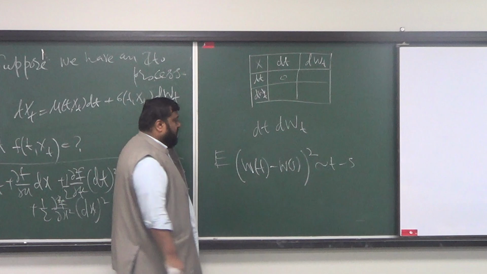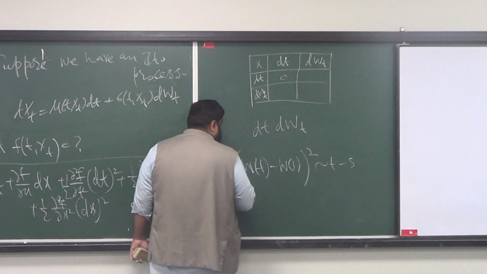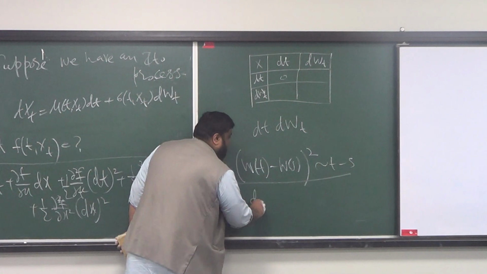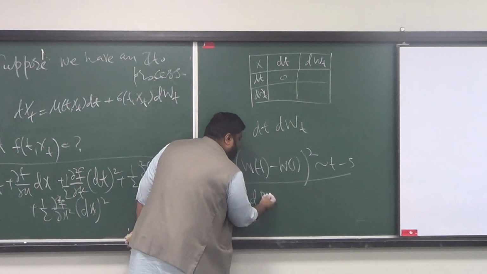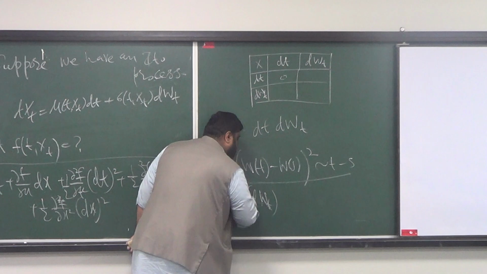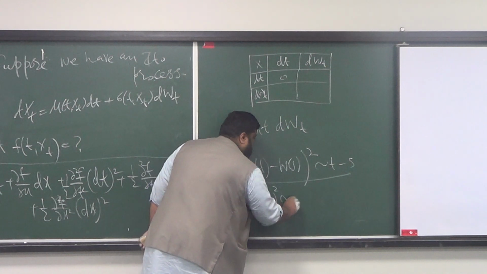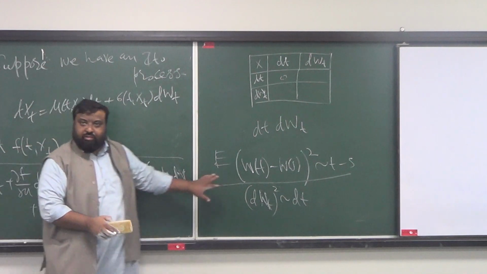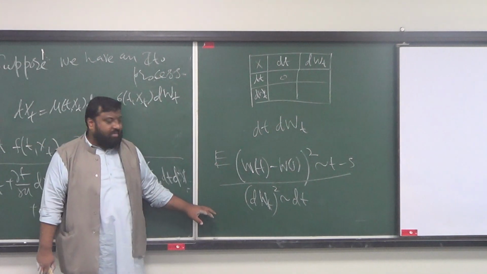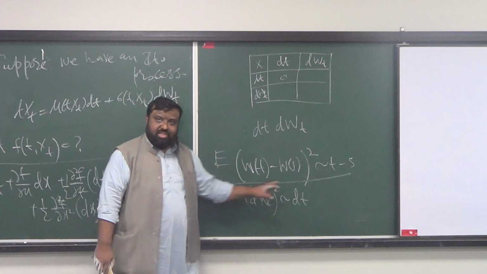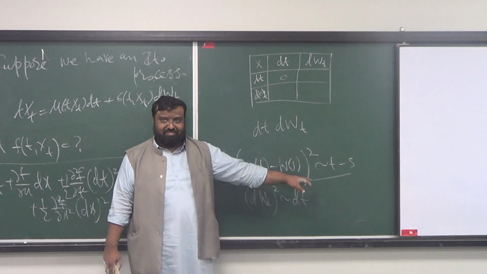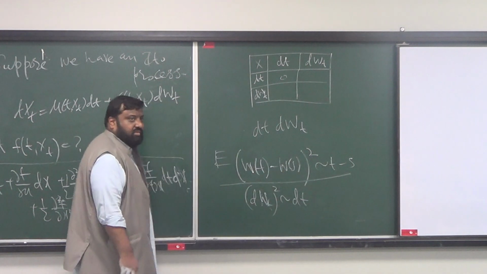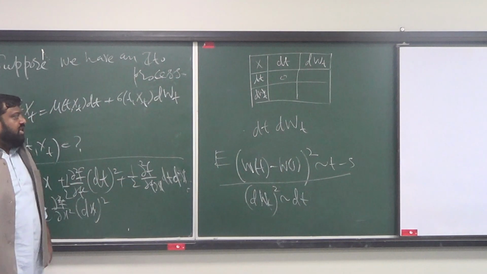So in a cryptic language I'm going to write this statement as: the square of dW_t is approximately dt. I'm going to write this, but I'm going to mean the statement above.